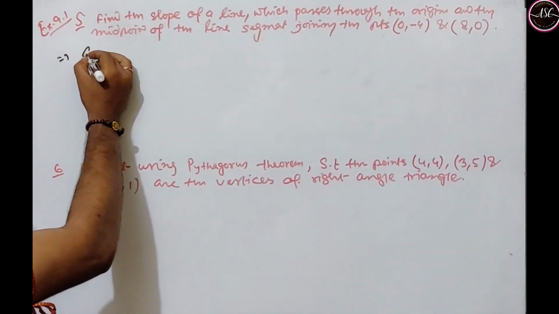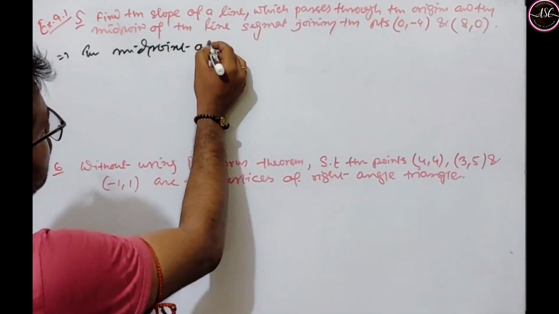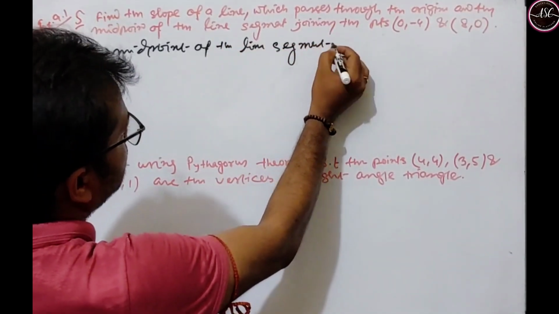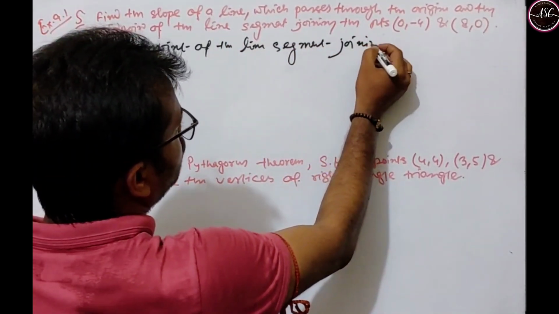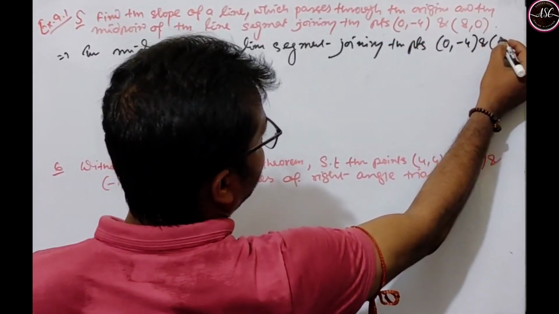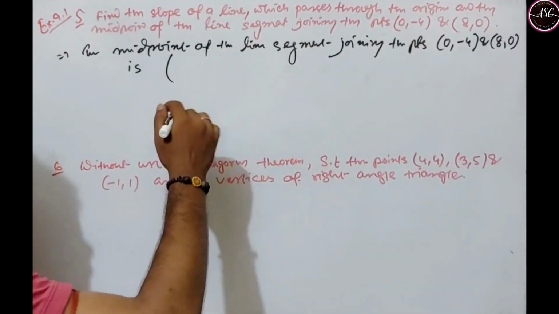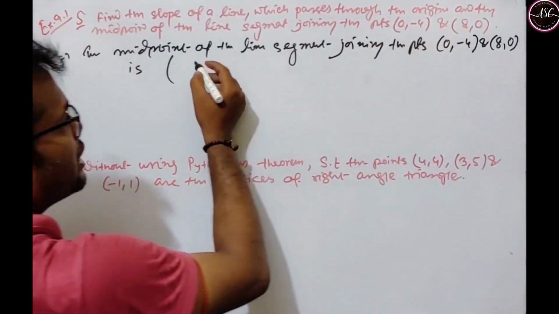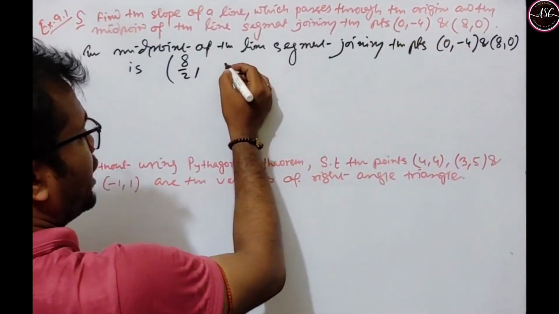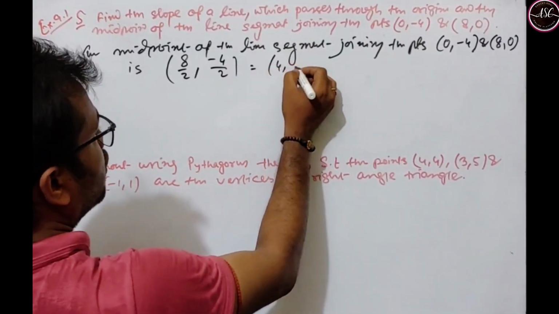The midpoint is x2 plus x1 divided by 2, that means 8 plus 0 by 2, that means 8 by 2, and 0 minus 4 by 2, that means minus 4 by 2, equal to 4, minus 2.